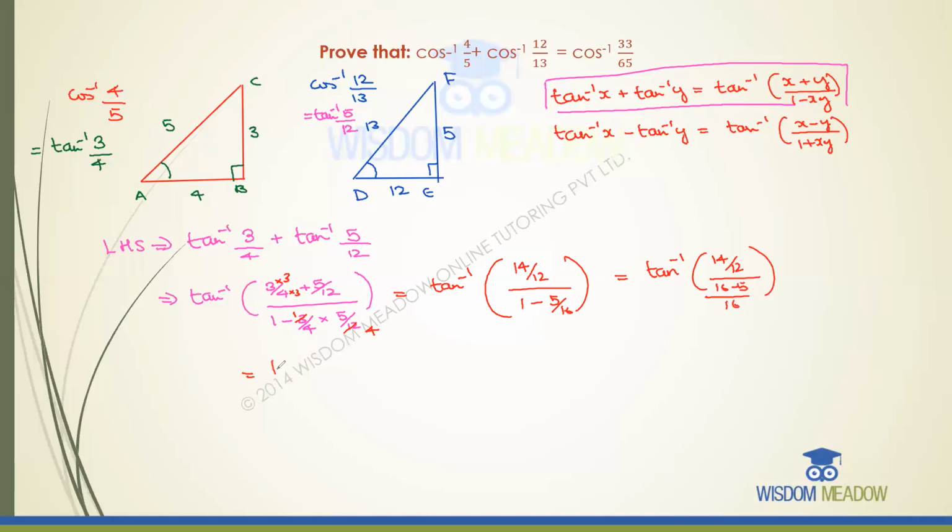That's going to be tan inverse of 14 over 12 times 16 over 9. Simplifying it, that's 3, that's 4, and that's tan inverse of 56 over 27.